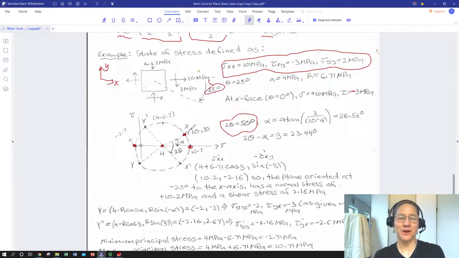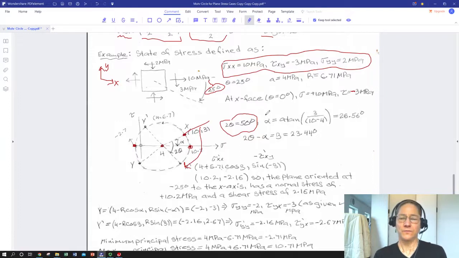We're going to go from our x-axis 2 theta in the same direction that we were concerned with on our body. So we wanted to go 25 degrees clockwise. On the Mohr circle, we're going to go 50 degrees, just like we would if we were plugging into a stress transformation. So we're going to have 50 degrees as 2 theta, and that's the difference between our x-axis and our angle orientation of interest.